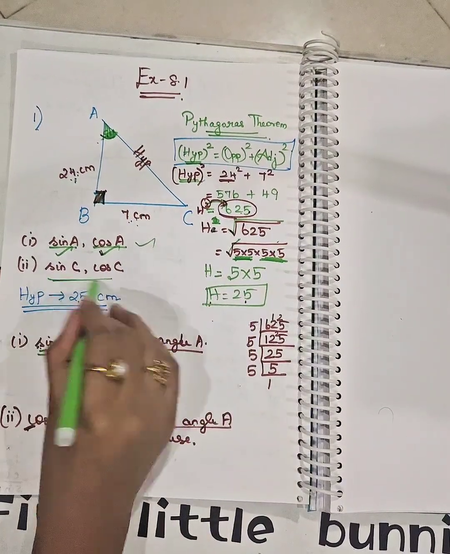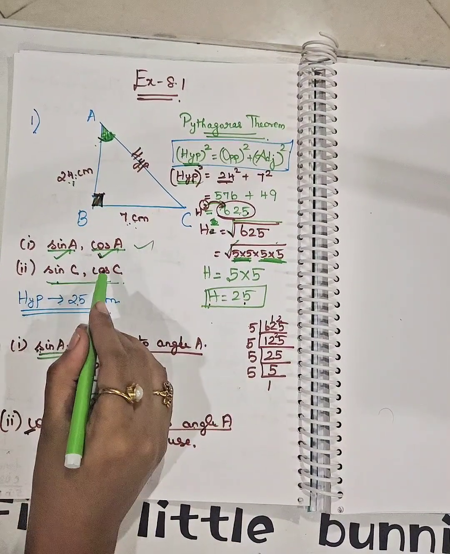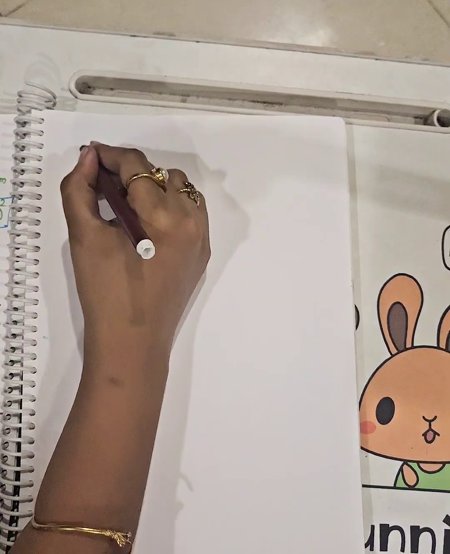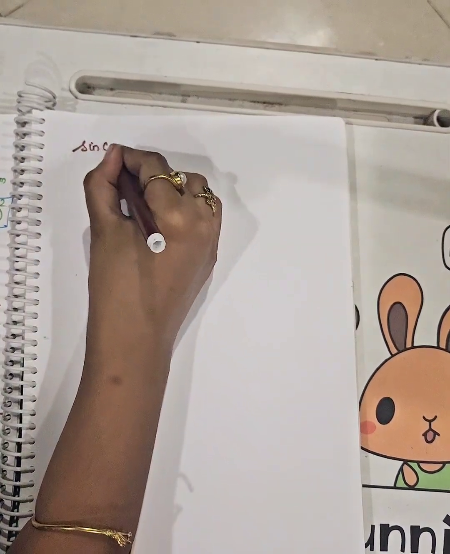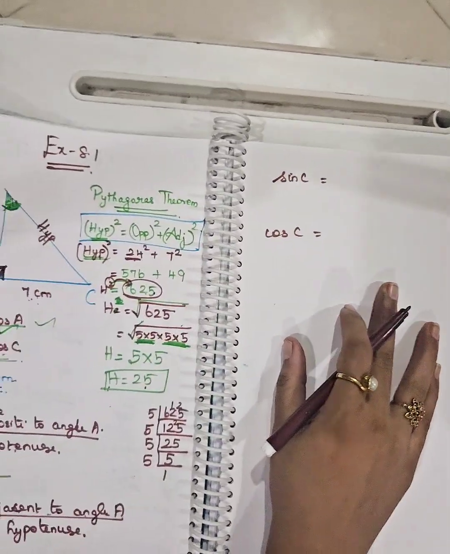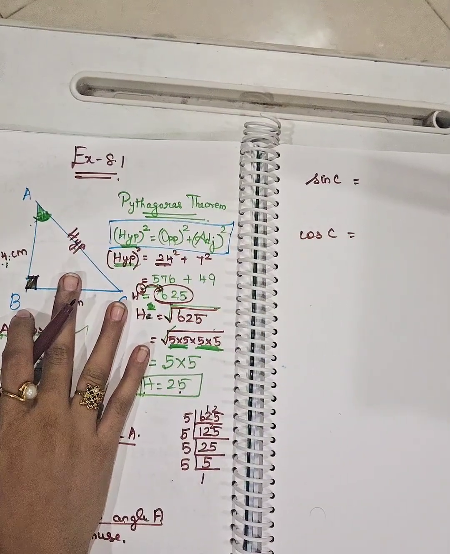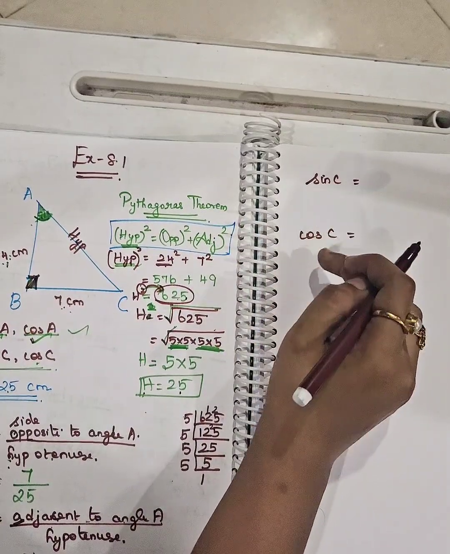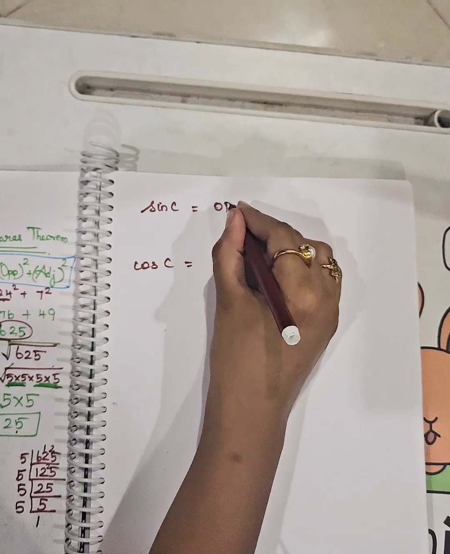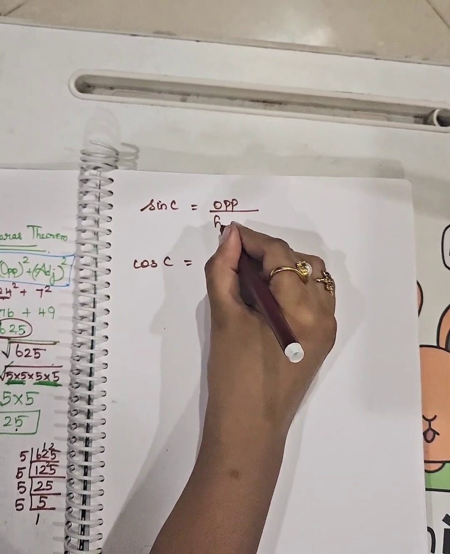Let us move on to the second division, sin C and cos C. Let us find both. Look at the triangle once again. What is the formula for sin C? Again, opposite by hypotenuse.